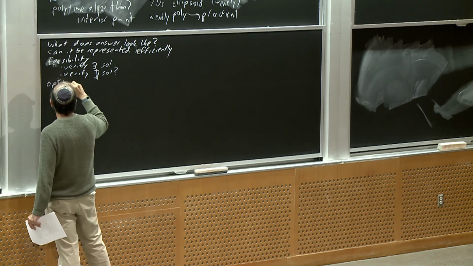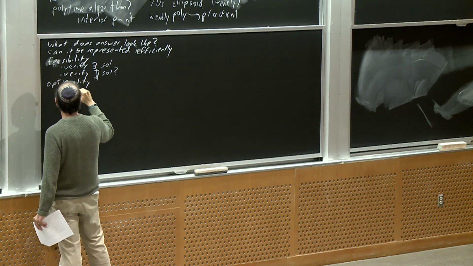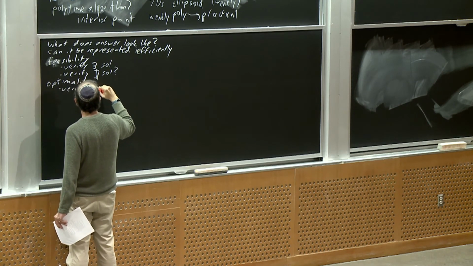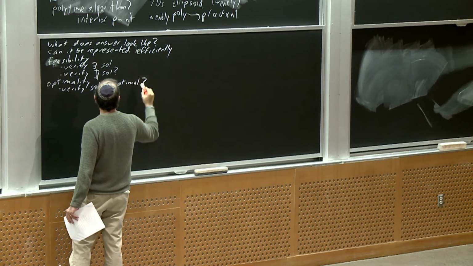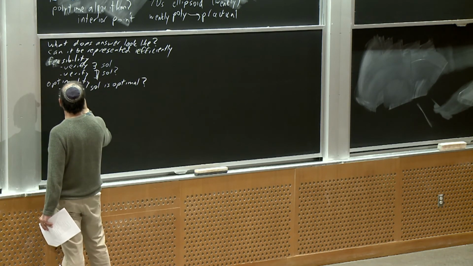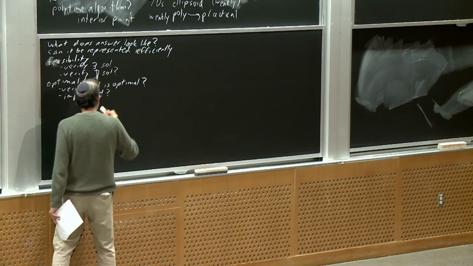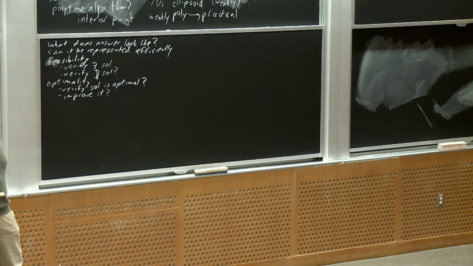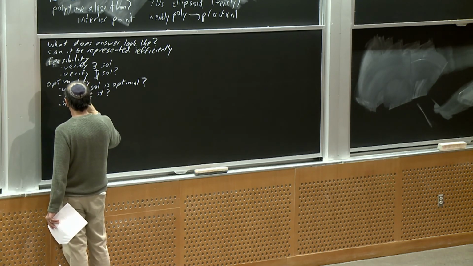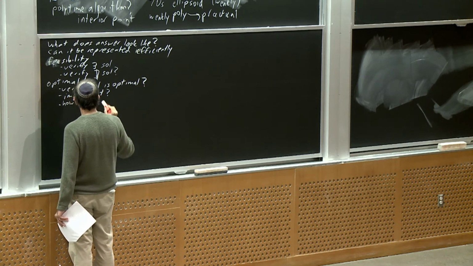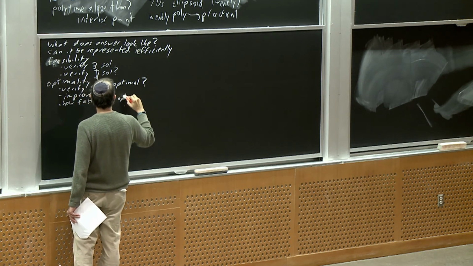Then we'll start asking about optimality. Okay. Can we verify a given solution is optimal? If it's not, can we improve it from what it is to something better? And if we think about these improvements, how fast can they reach the optimum?